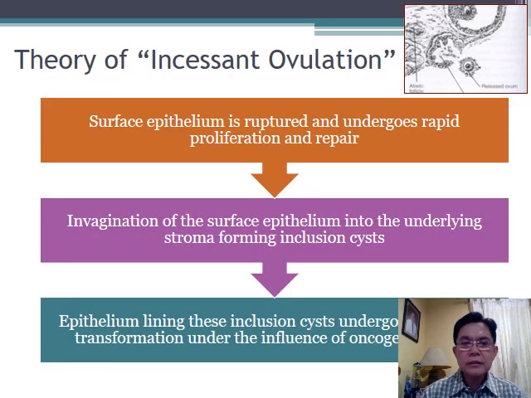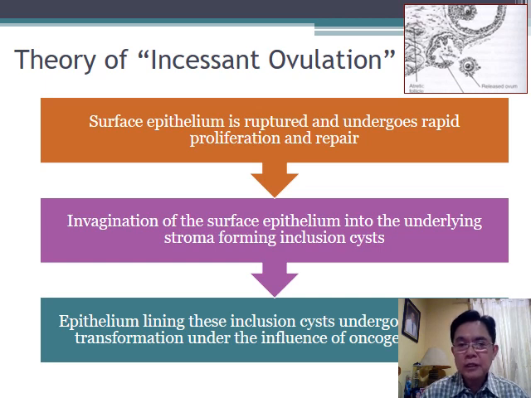So based on the incessant ovulation theory, during ovulation, the surface epithelium is ruptured and it undergoes rapid proliferation and repair. So during this process of repair, there might be invagination of the surface epithelium into the underlying stroma, which leads to the development of inclusion cysts.